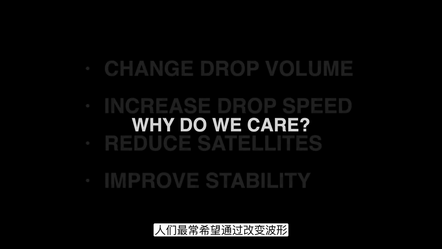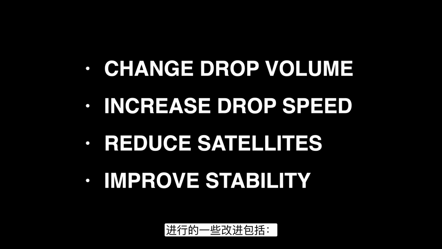Some of the improvements that people are most often looking to make through waveform changes are changing the drop volume, increasing the speed of the drops, reducing any satellite formation, or improving the overall stability of the jetting. And these are all things that can be accomplished through optimizing the waveform.